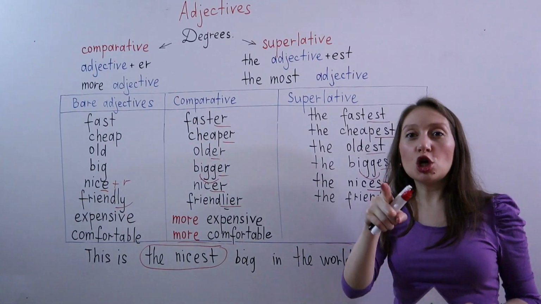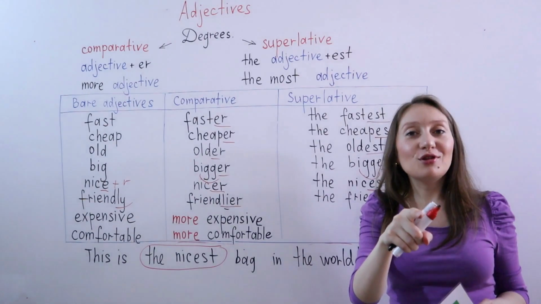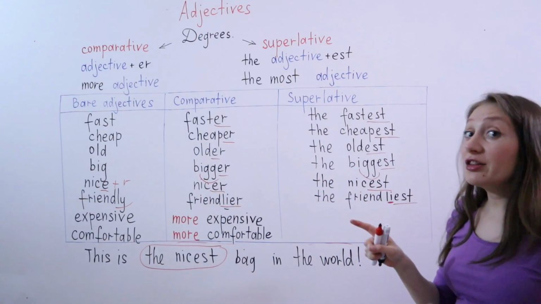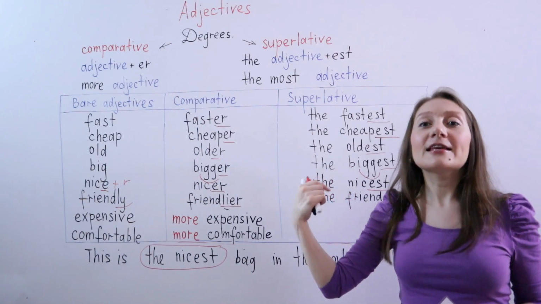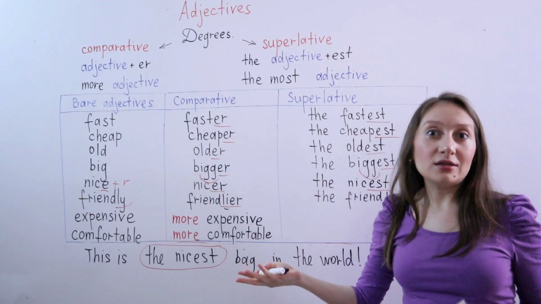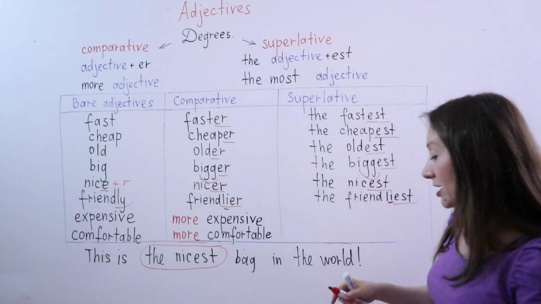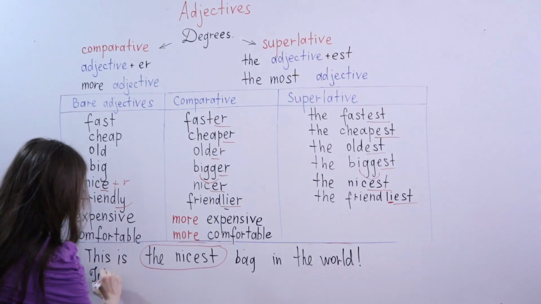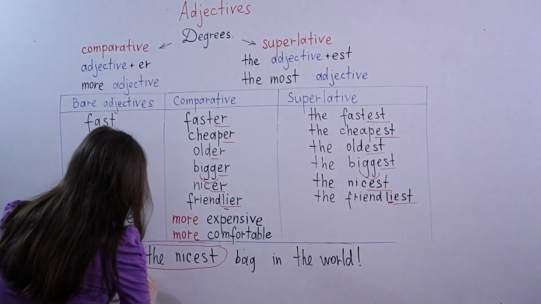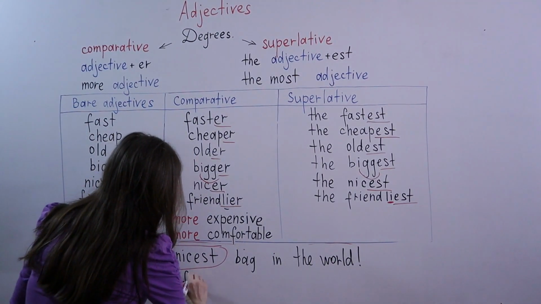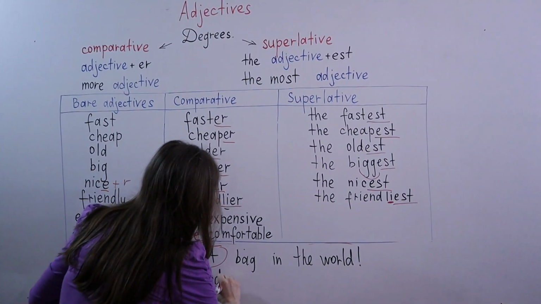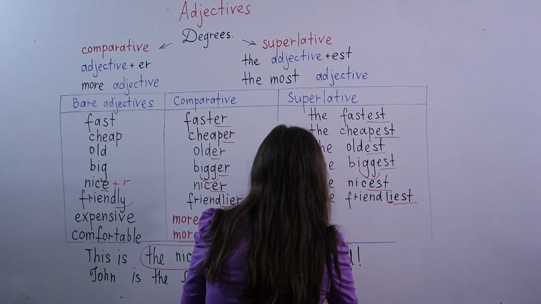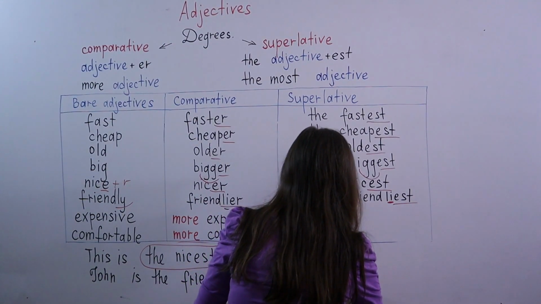Example about John. Do you remember our student John and Bob, right? So John is the friendliest student in the class. All right? You can say like John is friendliest in the class.